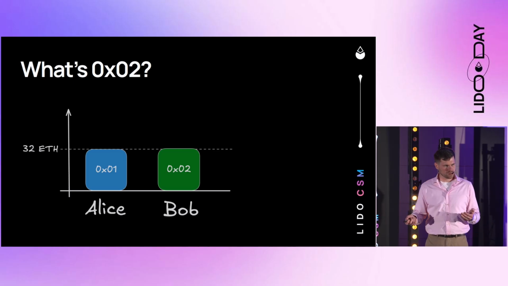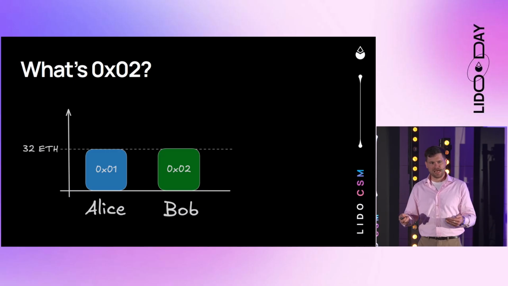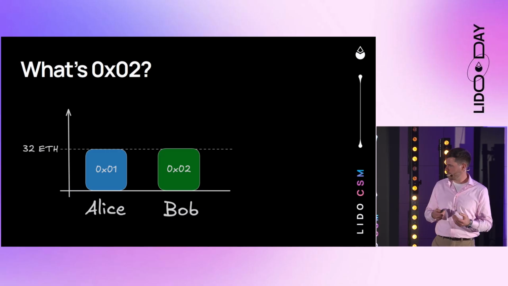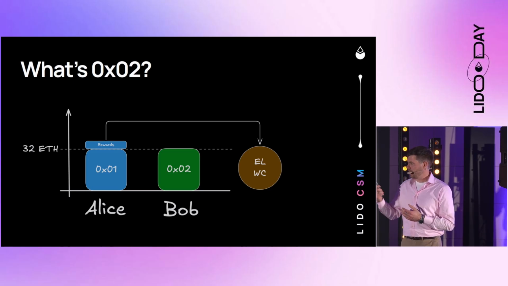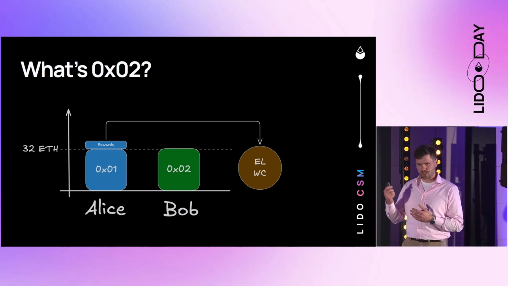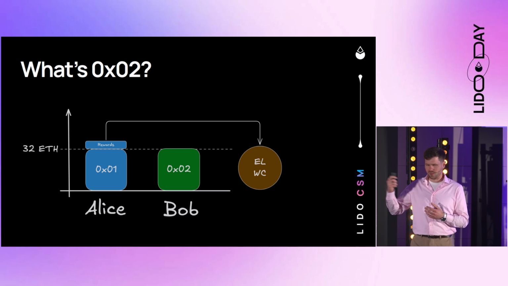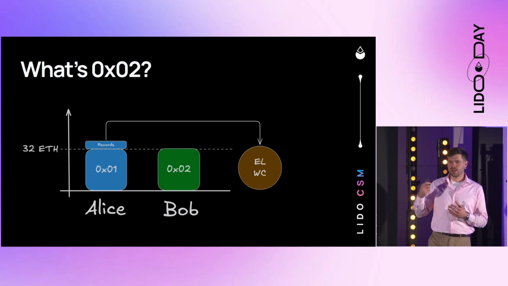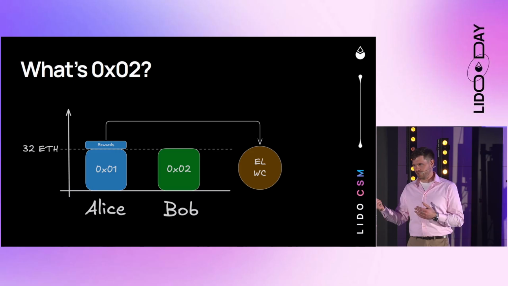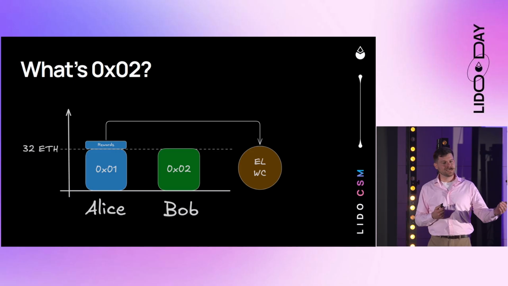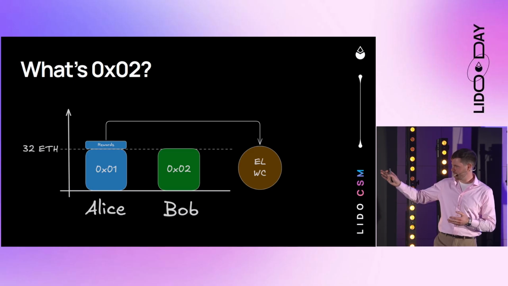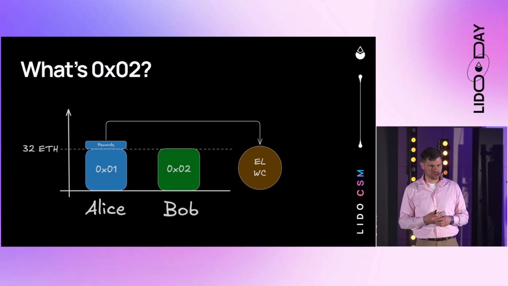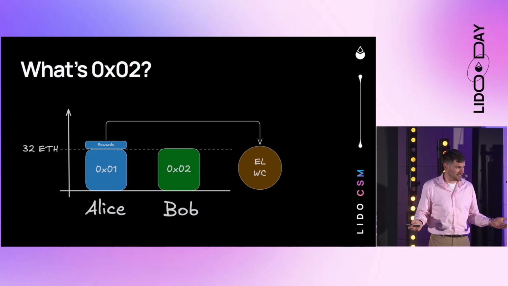How would we know the difference between these two? Well, let's move a bit further in time and see what's going to happen with the rewards for the validator operated by Alice. All of the rewards accumulated on the balance of a 0x01 validator would eventually, in a pretty reasonable amount of time, be swept from the validator balance to the execution layer withdrawal credentials, or simply speaking, your wallet.